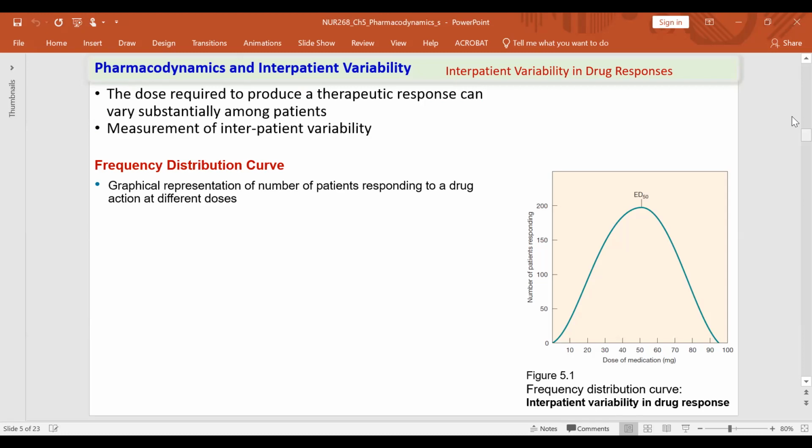And we'll go over this on the upcoming slides. Now, the frequency distribution curve is a graphical representation of the number of patients responding to the drug action at different doses. So on the x-axis, you have the dosage of the medication, milligrams, and on the y-axis, you have the number of patients responding to the drug.